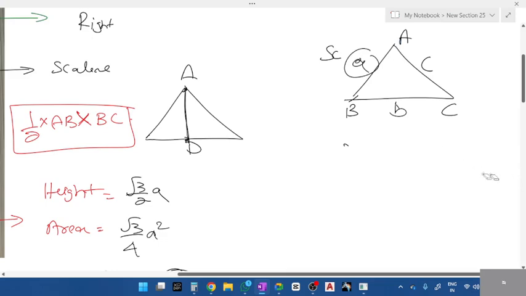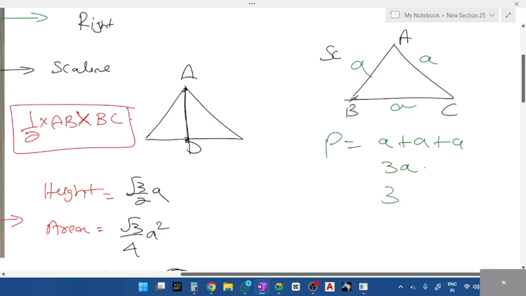Now tell me, equilateral. What about all three sides? All three are equal, A. So perimeter is equal to A plus A plus A, which is 3A. What's the sign between 3 and A? Multiplication.